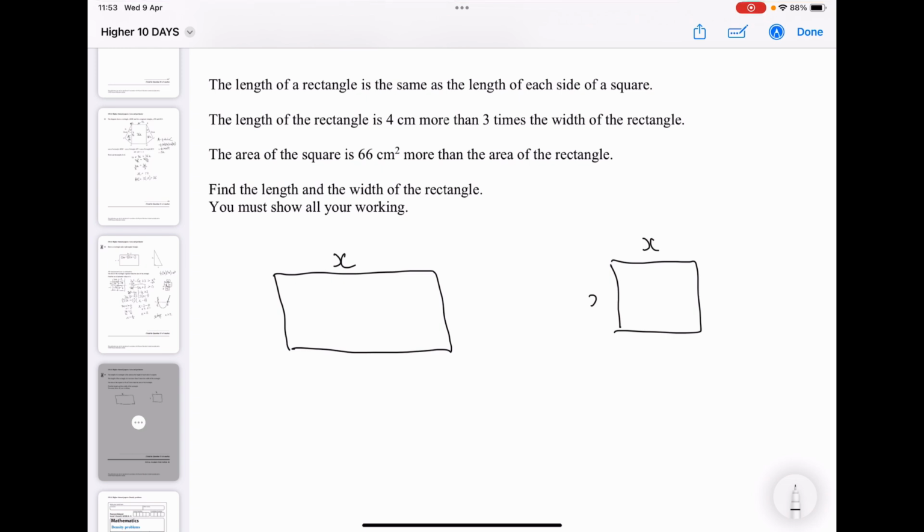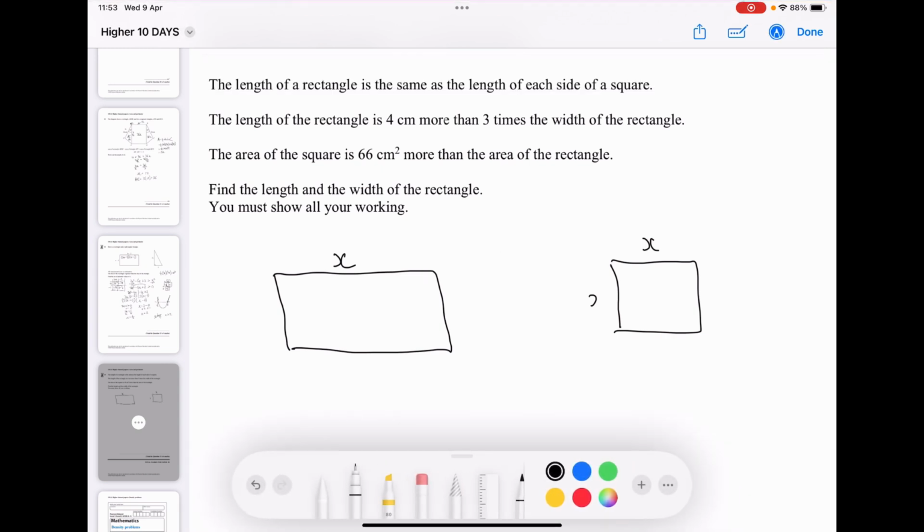So would that be the best way? I think if I'd gone the other way, now looking at that, and this is what you sometimes get with these, I always like to work with the smallest. So in this case, I'm going to say that the smallest side is the one I'm going to work with. I'm going to say that that is the width.